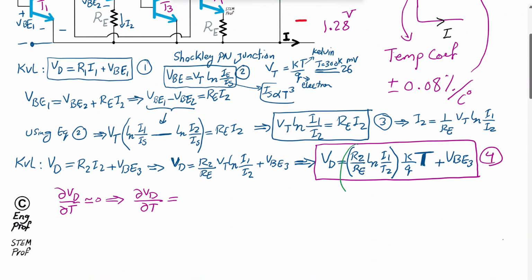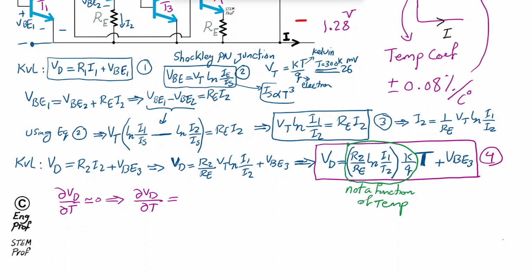So therefore, the ratio of R2 over RE will be independent of temperature because they both change the same amount percentage-wise. Therefore, the lesson is this component is not a function of temperature. This term is practically just a constant temperature-wise.